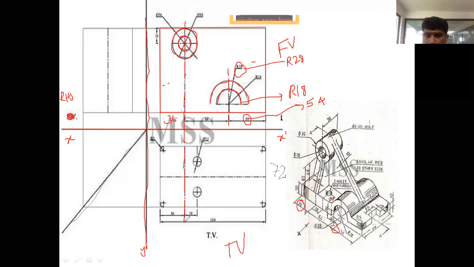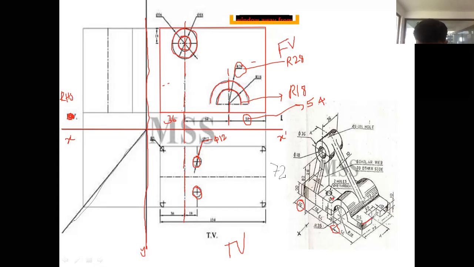What else can we see in the top view? In the top view we will see these two holes of dia 12. We can also see the diagonal things in the top view.